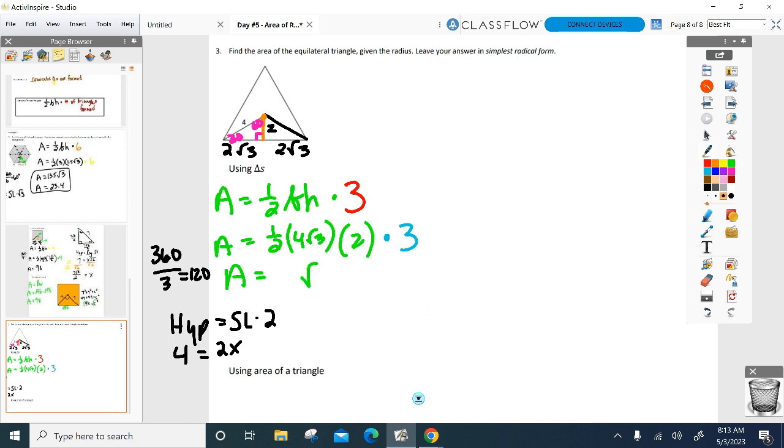So if you left it in your answer, what do we got there? 6 times 4 is 24, 12 radical 3, when you multiply 1/2 times 4 times 2 times 3. Questions?